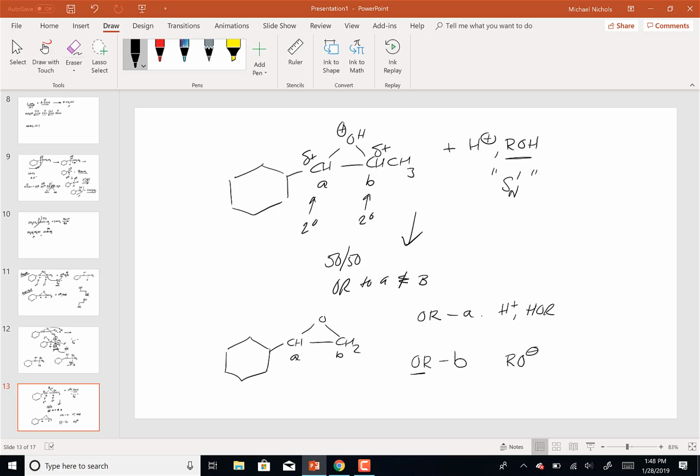And so that's the importance of the epoxides. The specific reagents, you have to classify them. Do they have an acid or do they not? If they have an acid, nucleophiles add to the most substituted carbon. If they don't, nucleophiles add to the least sterically hindered carbon. That's how it's going to work.